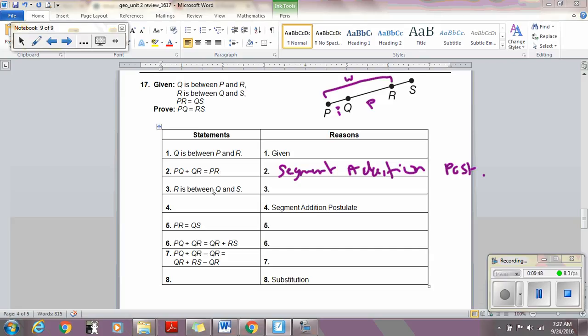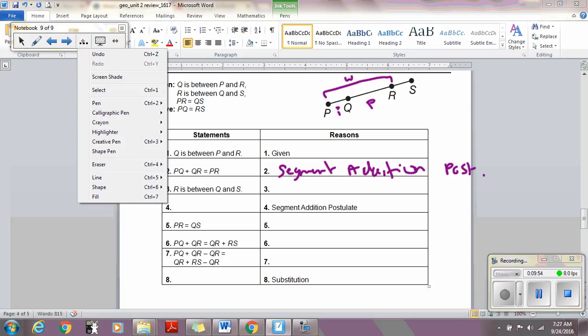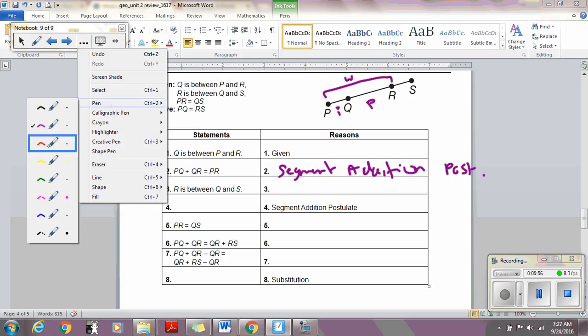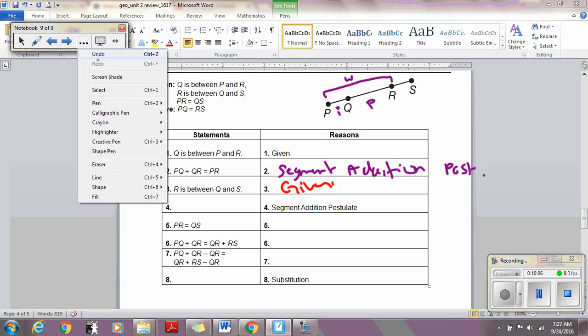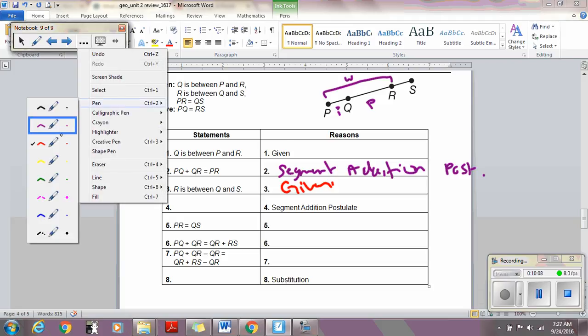Then statement 3 says R is between Q and S. That was another one of our given pieces of information. And then reason 4 says they want us to use segment addition postulate again with that new information about R being between.